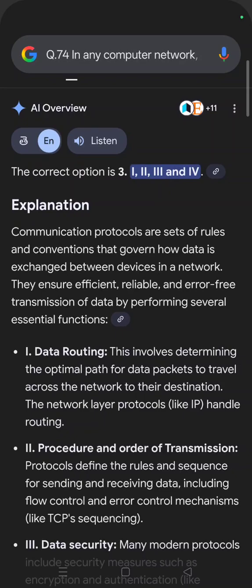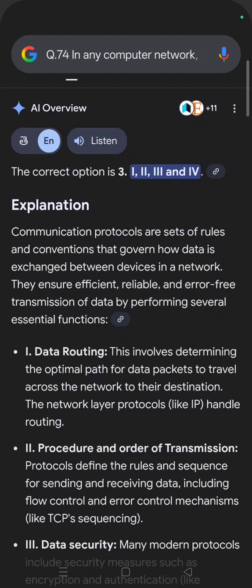Explanation: communication protocols are sets of rules and conventions that govern how data is exchanged between devices in a network. They ensure efficient, reliable and error-free transmission of data by performing several essential functions. Data routing: this involves determining the optimal path for data packets to travel across the network to their destination.